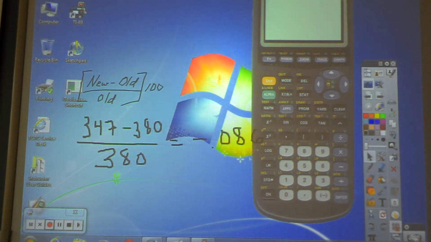Negative 8.68%. So somebody tell me what it did. Did it go down? They lost money. So that means it decreased by 8.68%.